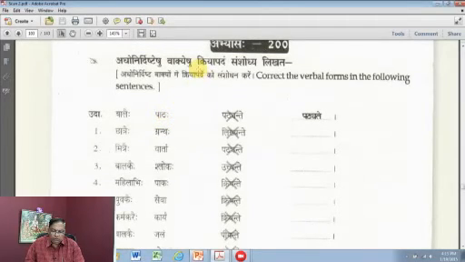Under the given sentences, correct the verb and write the form. For example, balaihi pathah. What is given, you have to look behind the cross. Patyante is wrong because patha is singular, ekavachanam, atah balaihi pathah patyate iti bhavati.